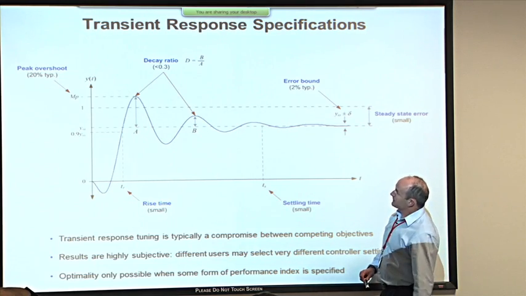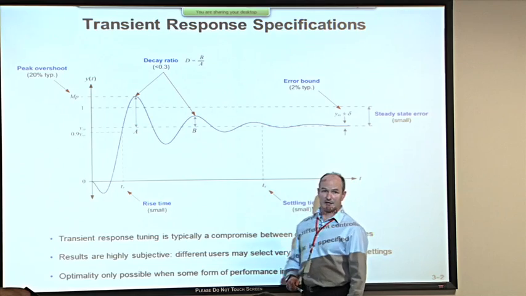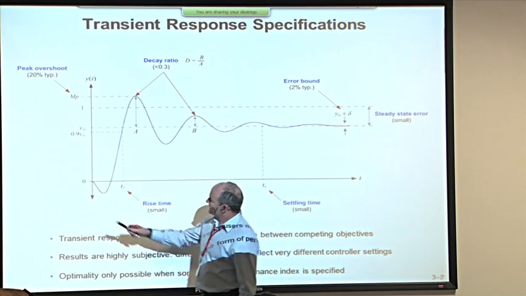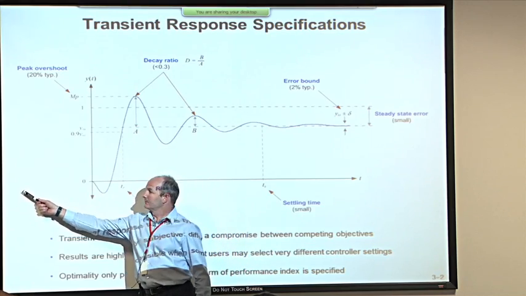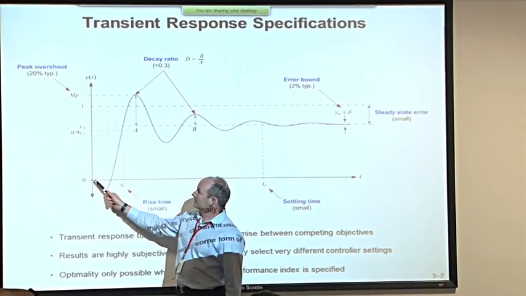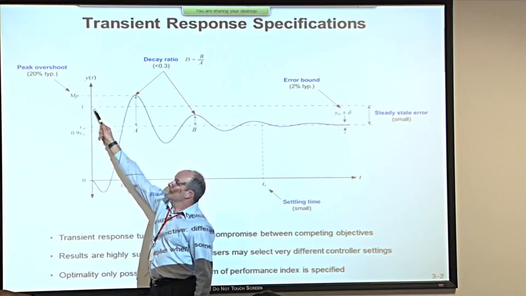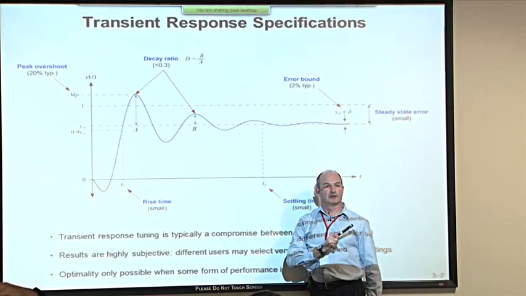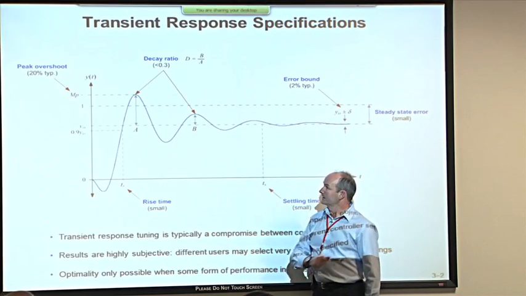This is a step response of a system which clearly has some oscillatory characteristics. The unit step response is an input which has 0 value until time t equals 0, and it goes to 1, and it's 1 for all time thereafterwards. Ideally, we would like the output to do exactly that.